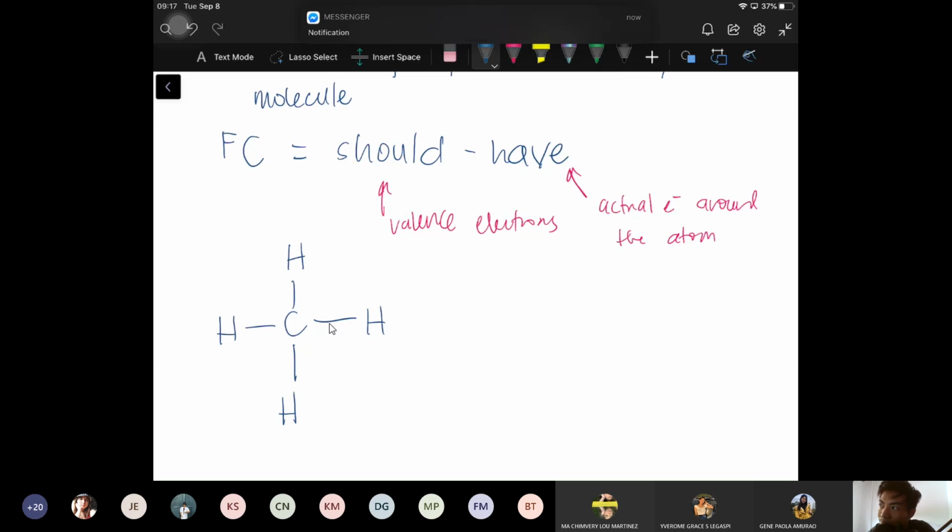Pero in reality, yung electrons, they can be found sa dulo-dulo, no? So they just travel across along this bond. Pero in reality, yung isang electron nandito kay hydrogen, yung isa nasa kabila talaga, no? So paano natin kukunin yung should minus have? Yung should madali lang, valence electrons. Yung have, actual electrons around the atom, okay? So paano yung gagawin?